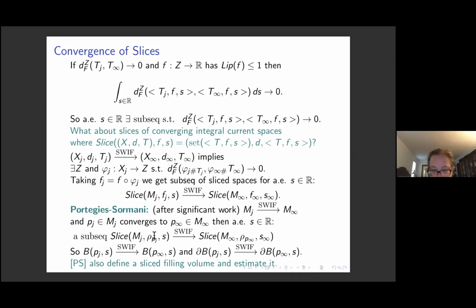And then it's a collection of points. And so we use that to get some very interesting results related to the filling volumes of collections of points that are slices of slices of slices. So if I have time at the end, I can tell you more about that. I just want you to understand that once you have a method of slicing, you can do it again and again.